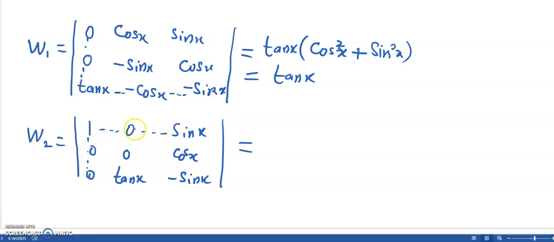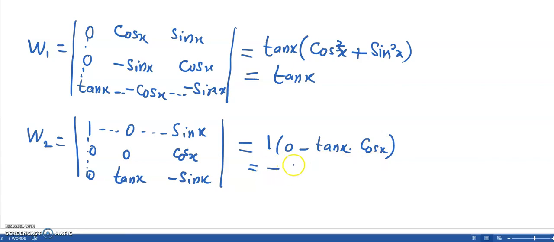For this, the area of focus is here. So 1, and 0 into minus sine x is 0, and then minus tangent x times cosine x. So this simplifies, because we know that tangent is sine over cosine, so cosine cancels this cosine, so it is minus sine x.